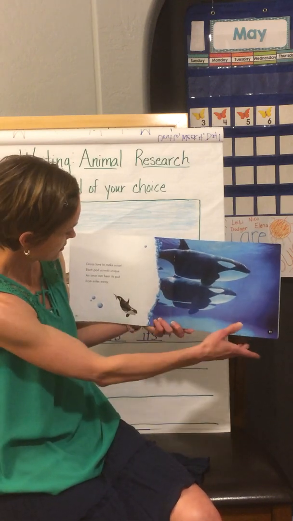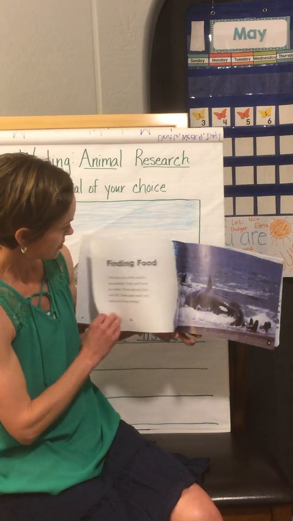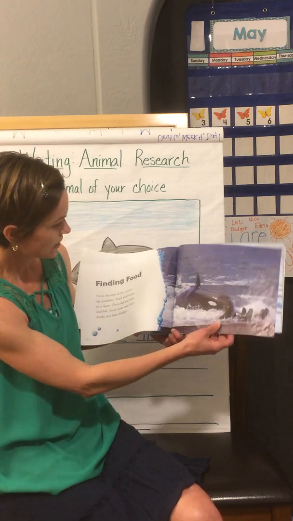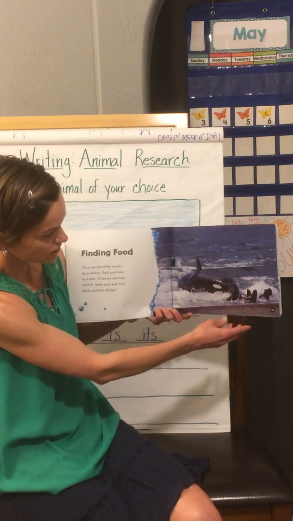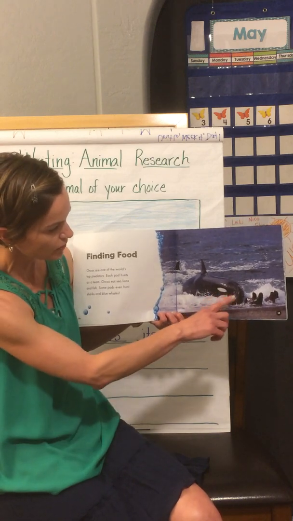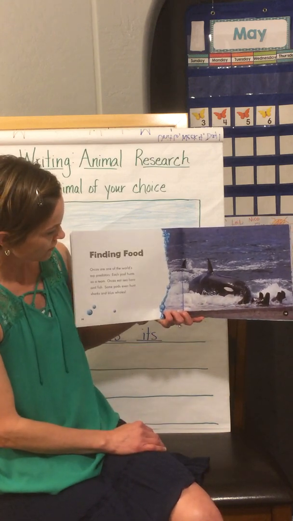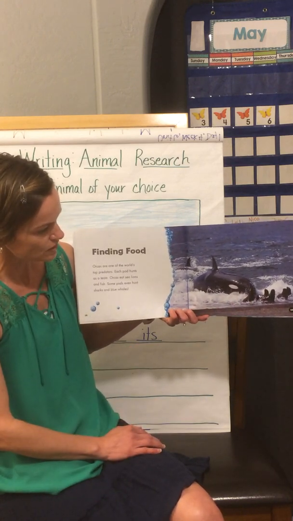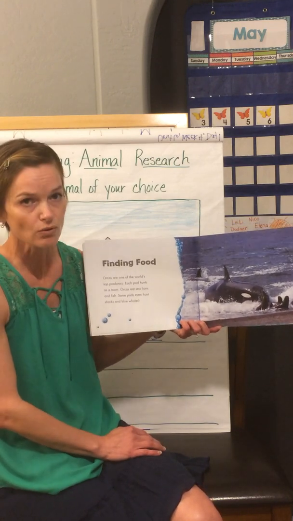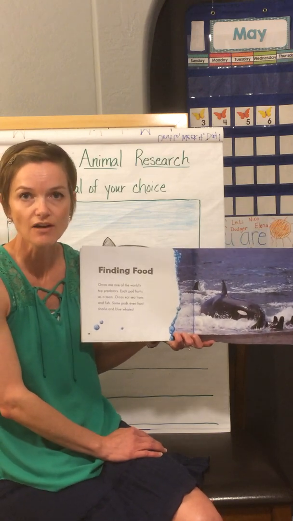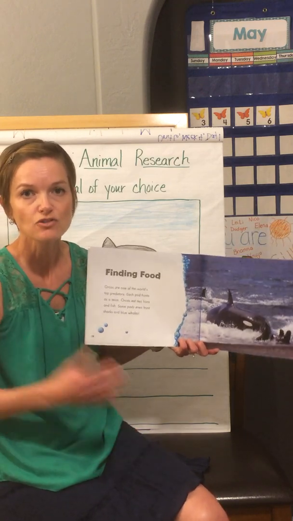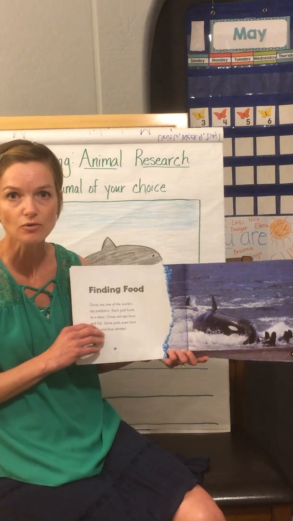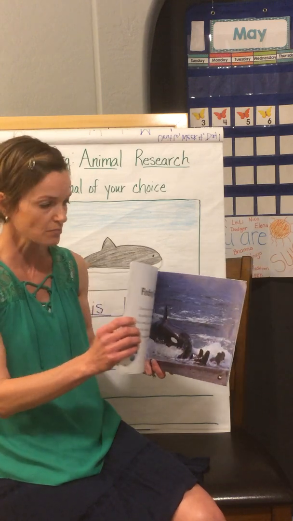There's the pod. And here is where we were talking about the orca being a predator. And what is it going for there? Do you remember? The sea lions. Yeah, it's going for some sea lions. So an orca is a predator, and they travel in pods. Those are the two sentences that I'm going to add to my paper.